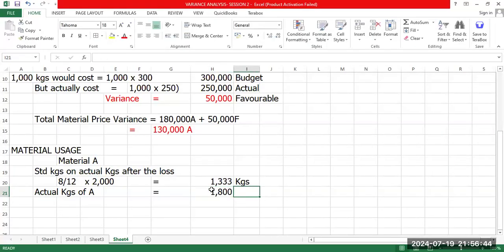And the question is, do you have a favorable variance or adverse?